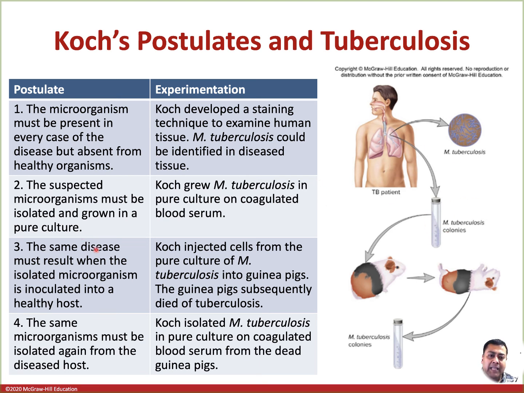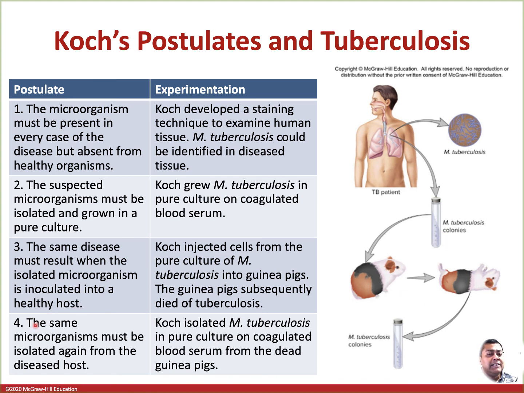And the same disease must result when the isolated organism is inoculated into a healthy host. So Koch injected the cells from the pure culture that he grew on the coagulated blood serum into some guinea pigs. And they found that the guinea pigs subsequently died due to the tuberculosis from the cells which were grown on this serum.